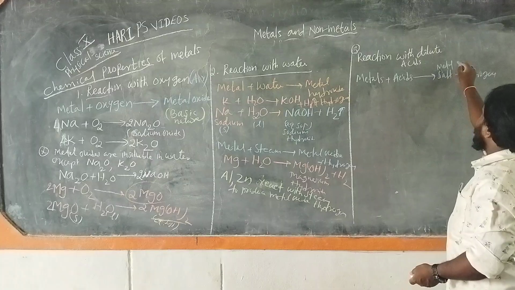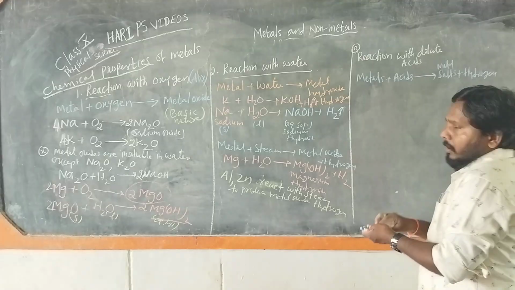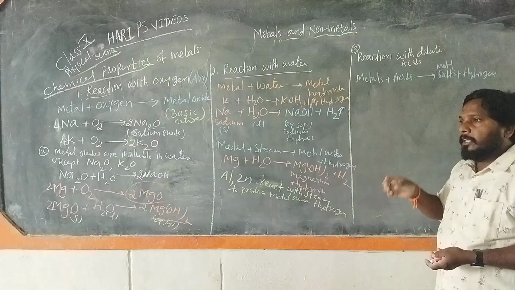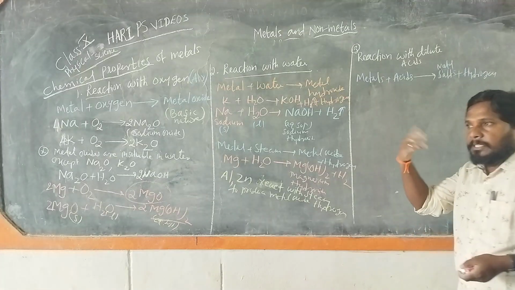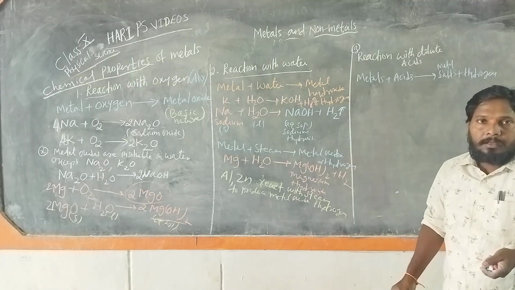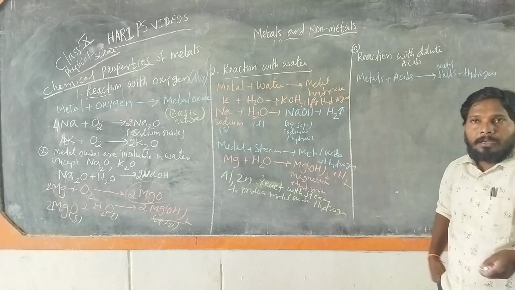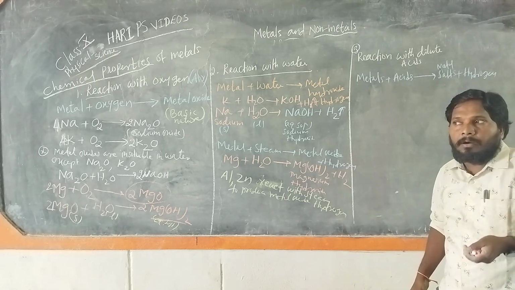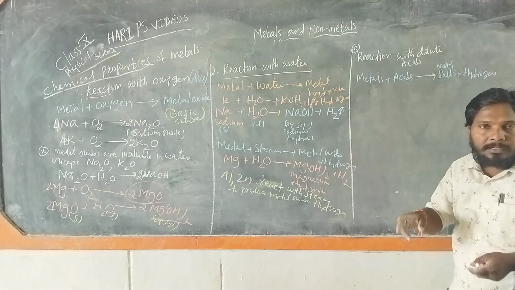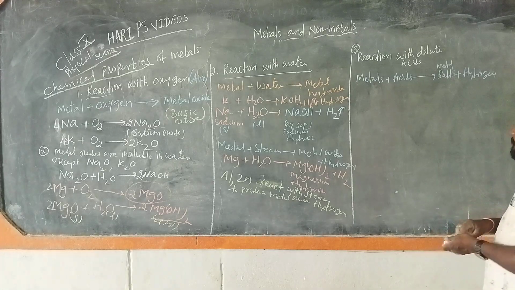As we learned in chemical reactions and equations, during the displacement reaction, or when metals react with acids, even in the chapter acids and bases, when discussing the properties of acids, when the acids are reacting with metals, they liberate their respective metal salts and hydrogen gas.